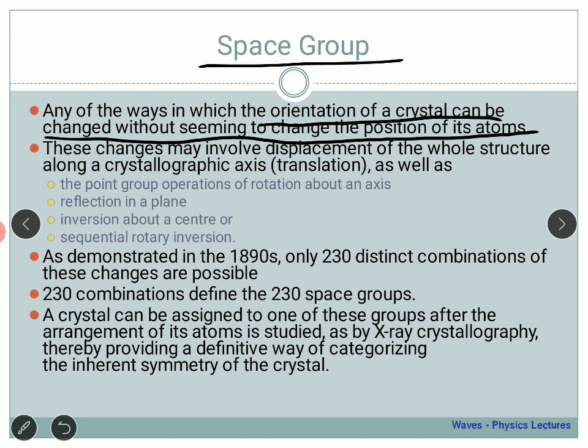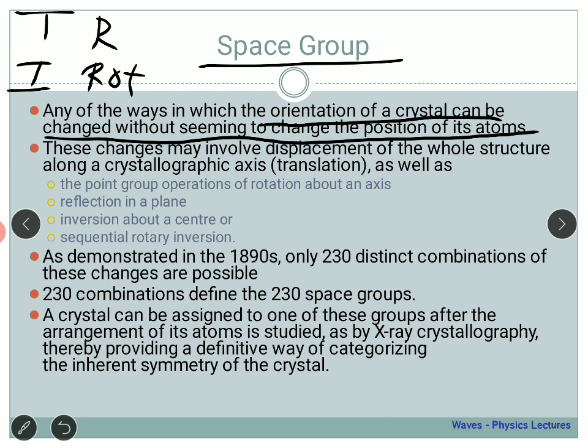If you remember, I think you have done it before. There is something we call translation, and then we have reflection, then inversion, and then rotation. These are some of the operations that you can do.